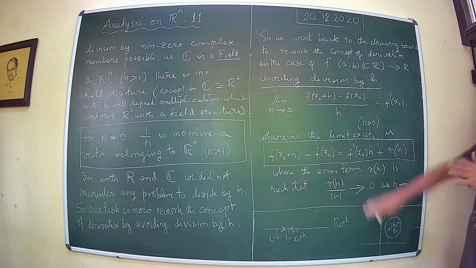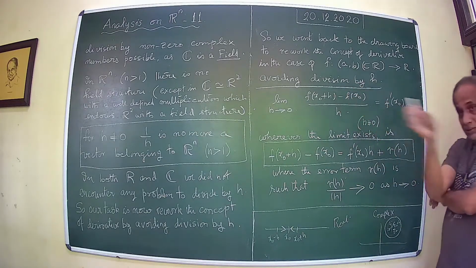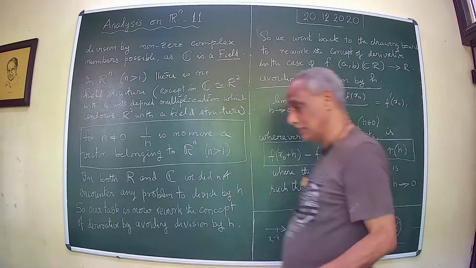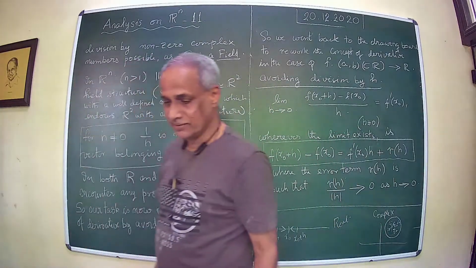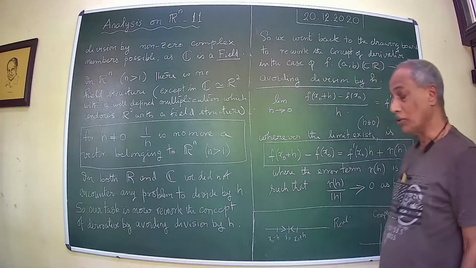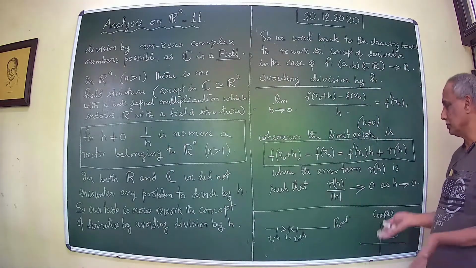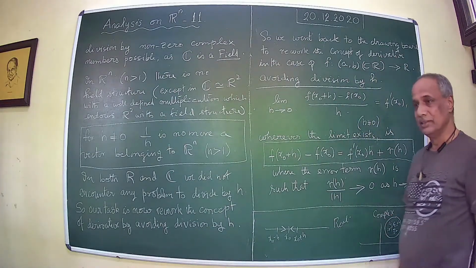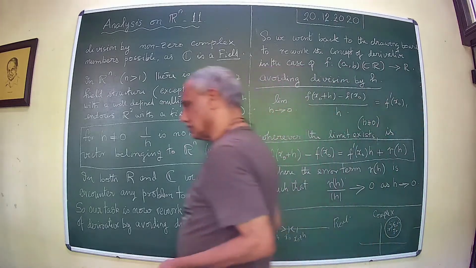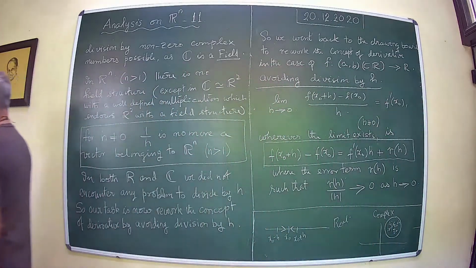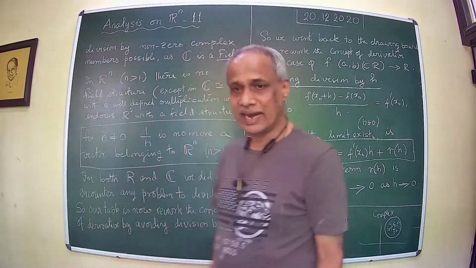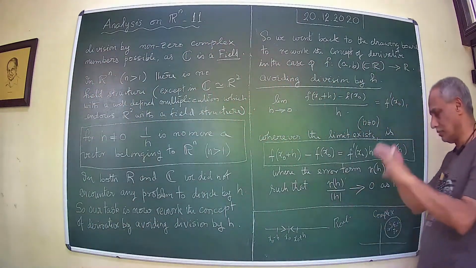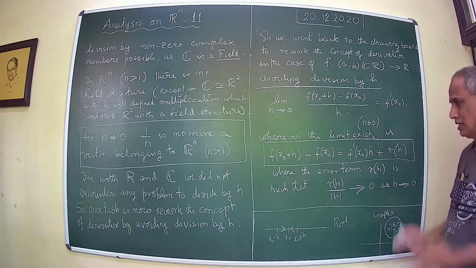As we encountered no problem when we talked about functions of a real variable to define the derivative, we could very smoothly go into the complex valued functions of a complex variable or even vector valued functions of a complex variable. What mattered was what you can do under the domain.